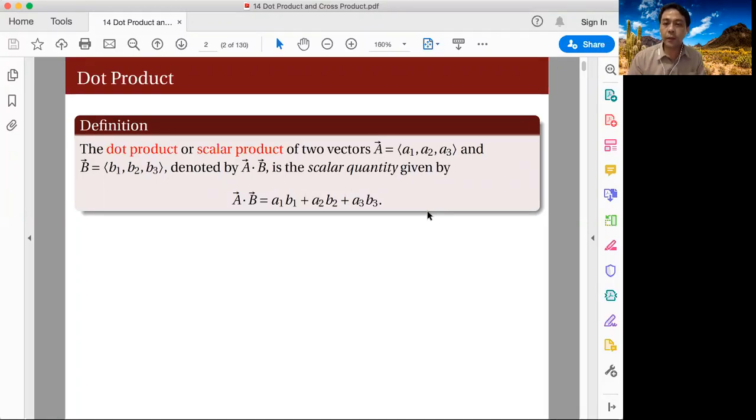So you get the product of the first components, and then the product of the second components, and the product of the third components, and you add them up, and that gives you the dot product of the two vectors.